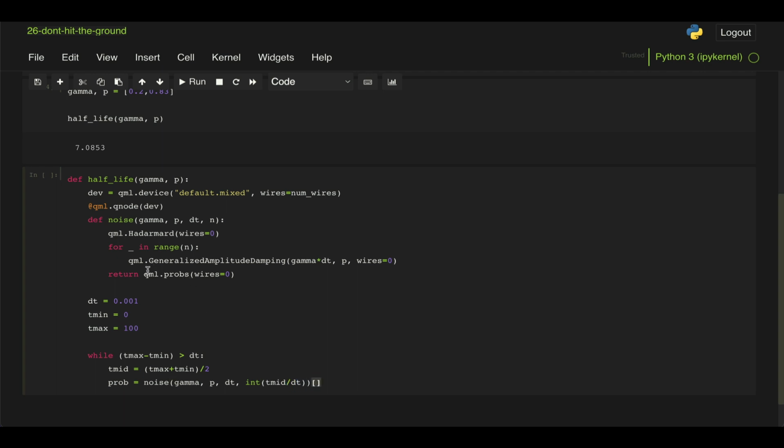And then since this returns the probability of measuring both 0 and 1, we need to take just the probability of measuring 1 and check if what we measured is larger than a quarter.